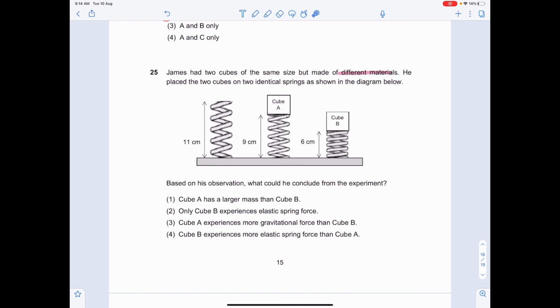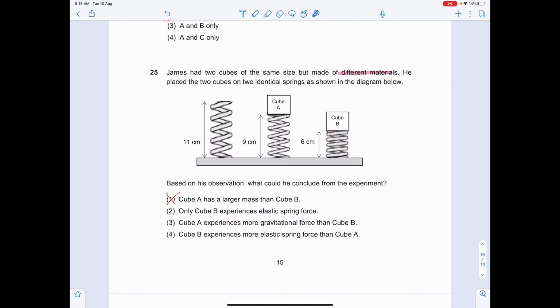The first one, cube A has a larger mass than cube B. This is not correct, because if cube A had a larger mass, given that the springs are identical and the size of the two cubes is identical, then gravity should exert a stronger force on cube A and pull it further down.